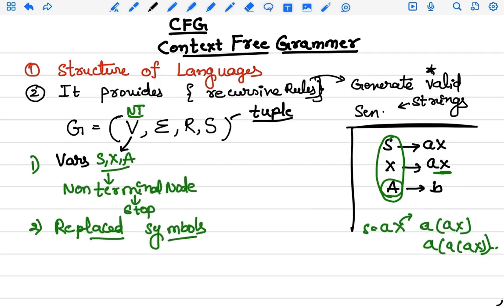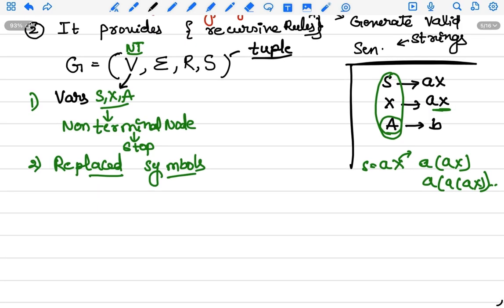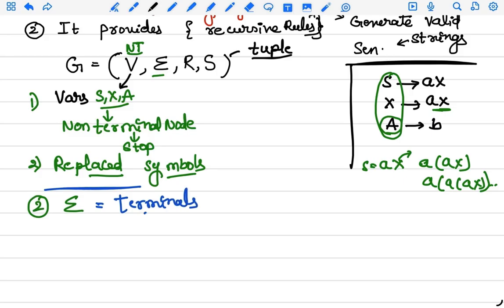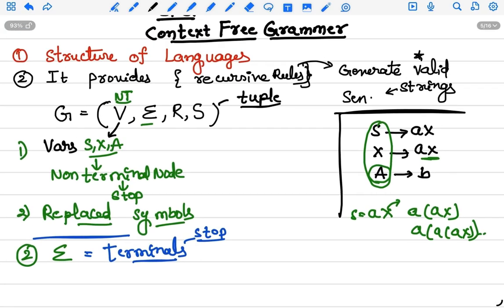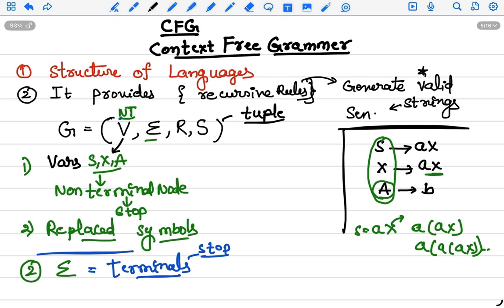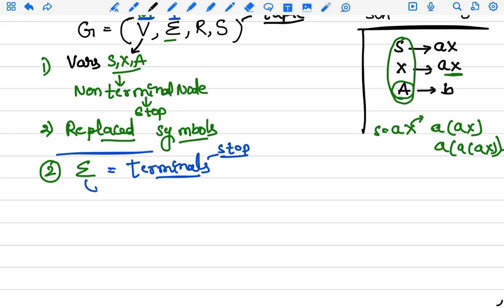The next one is sigma. What is this sigma? Sigma represents the terminals. Terminals mean these are stop, the end is there. So the first one is non-terminal and the second one is terminals, a set of alphabets.